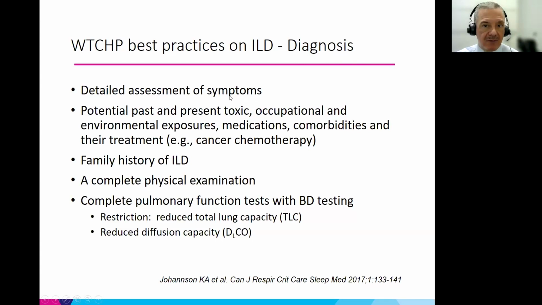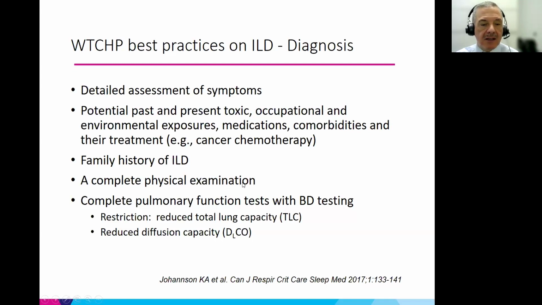Detailed assessment of symptoms, their nature, their severity, potential past and present toxic, occupational, and environmental exposures, medications, comorbidities, and their treatment. Because as I mentioned, some iatrogenic agents or factors can cause or worsen these ILDs. Family history, as there is a family aggregation for some of the diseases, and a complete, very detailed physical examination.